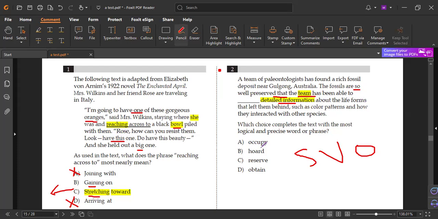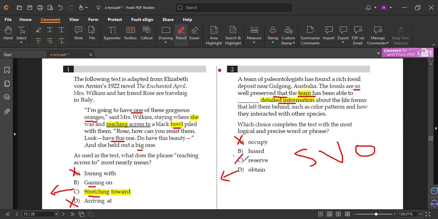Is it to occupy? To inhabit? To engage with the information? How? To hoard, collect and hide? How to collect and hide the detailed information? They are going to obtain them, to get them, to understand. So they are going to collect or get information, so obtain.